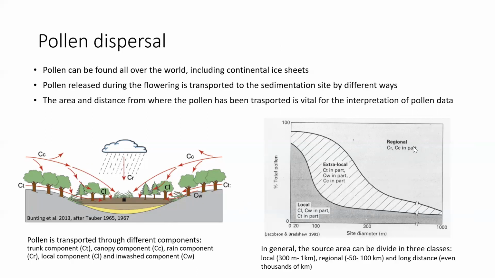Whereas when you go to bigger sites, for example a lake that is a few hundred meters in diameter, then you get more long distance pollen, and a bigger proportion of the pollen can represent regional vegetation in the surrounding area.